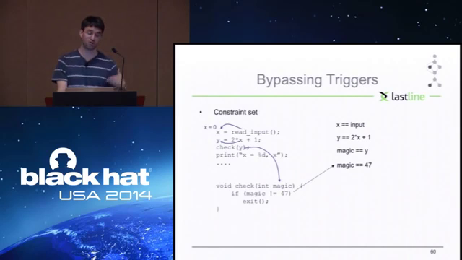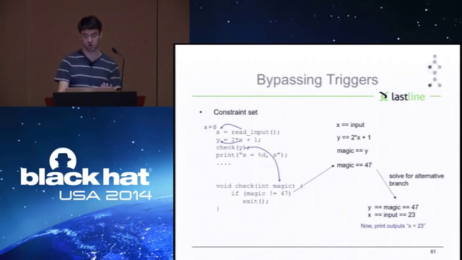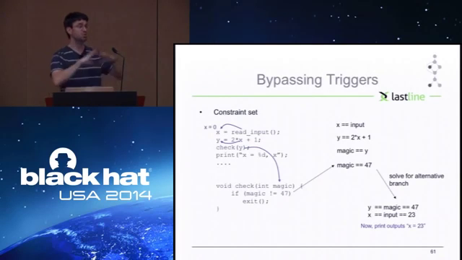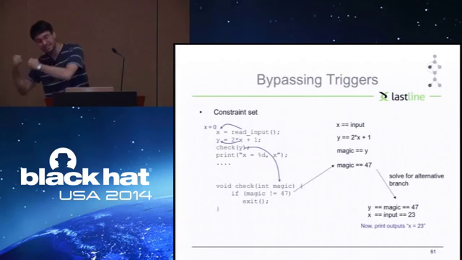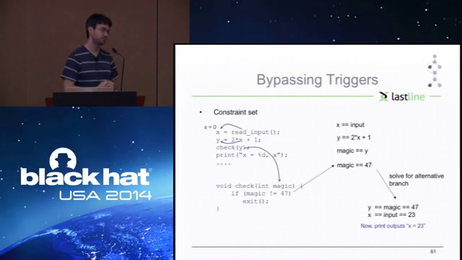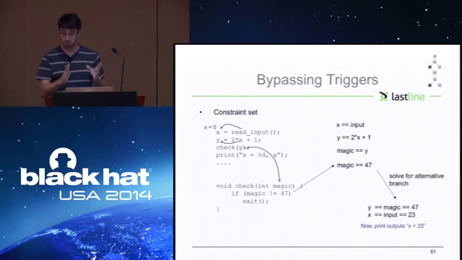If we want to solve the equation and make magic 47, we can use a constraint solver or some simple linear algebra solver, depending on how complex you want to go, and it gives you the output that x should have been 23. In this beautiful case, we would actually learn that the program expects that input value, and only if that input value is given would it reveal additional behaviors later on. So it would have done both things.